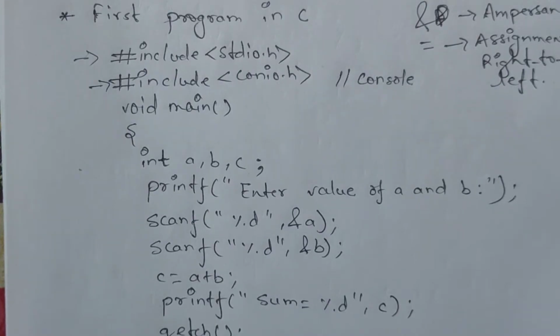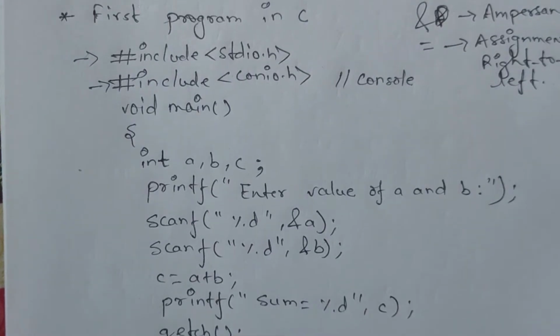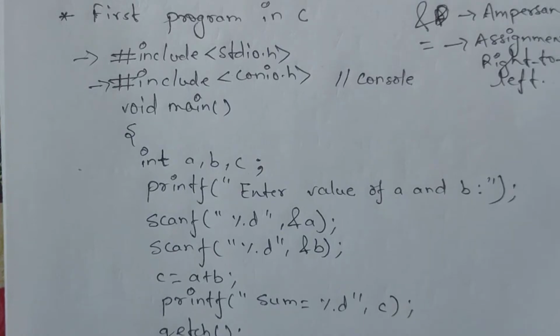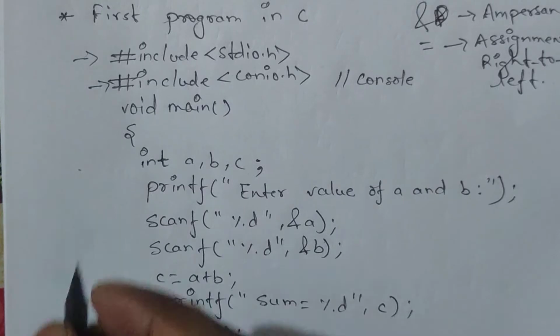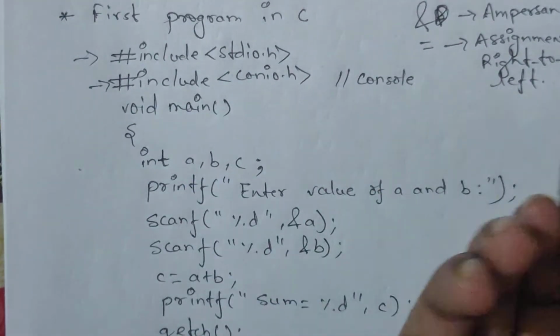Whatever functions are related to the output screen are stored in this header file, and for utilizing those output functions we are including conio.h in this program.